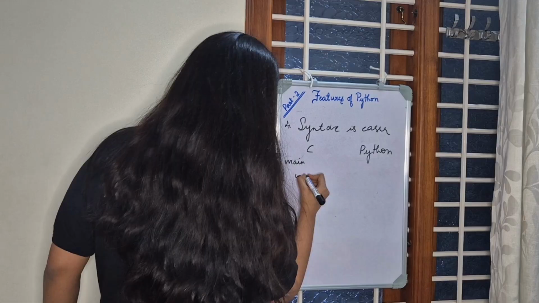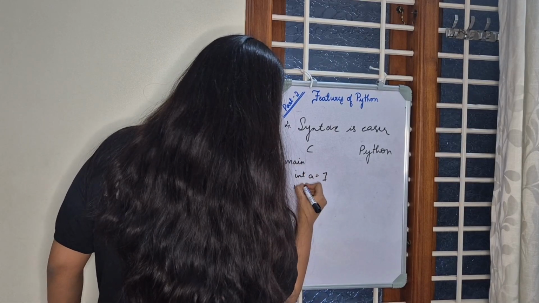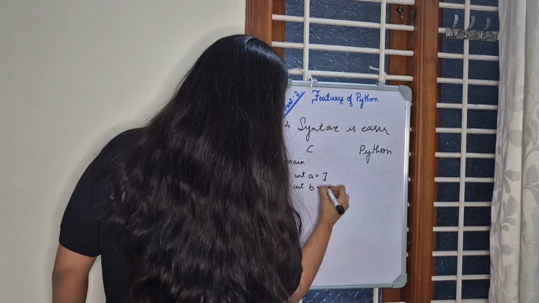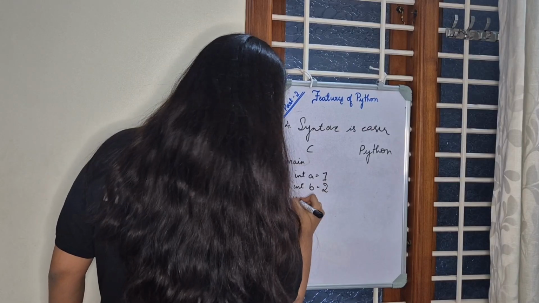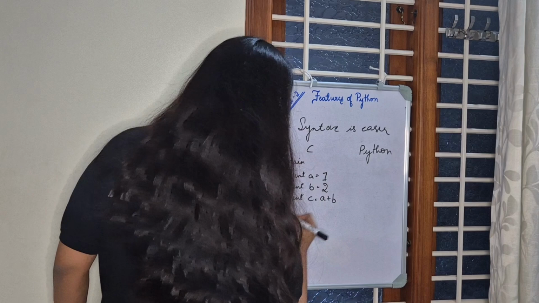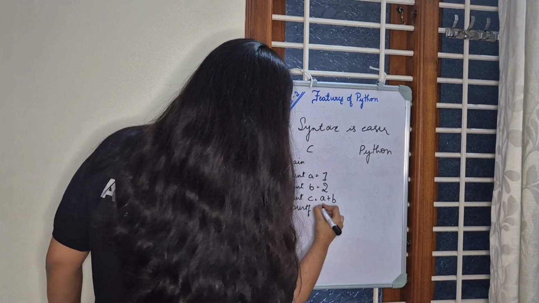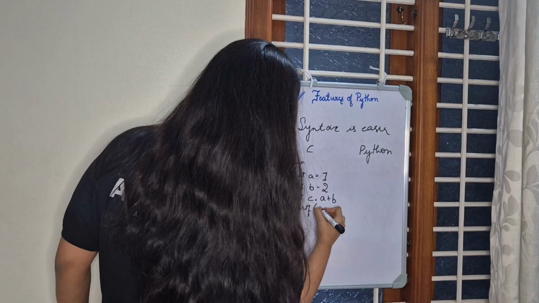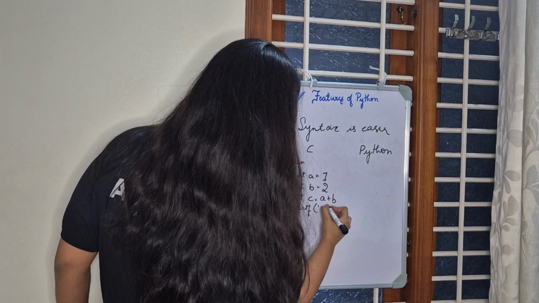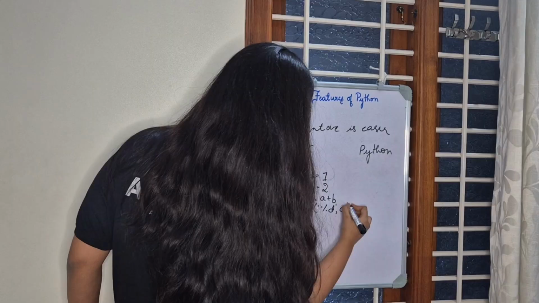So int A equals 1, int B equals 2, int C equals A plus B, then printf %d, comma C.